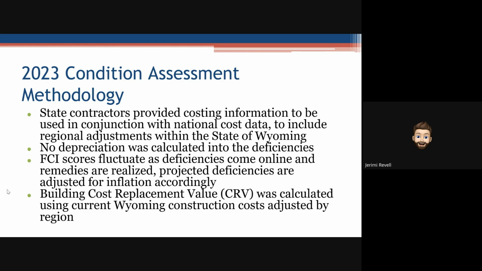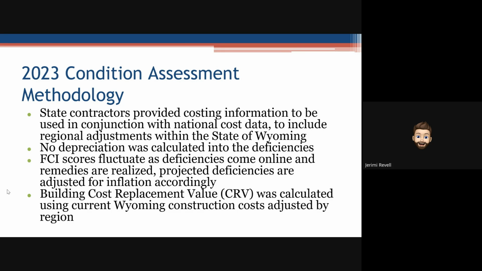In addition, instead of just using RS Means for the costing of the replacement or repair of components and systems and for the cost replacement value of your buildings, we are now using, in the 2023 assessment, actual information that was collected and gathered from larger Wyoming state contractors.